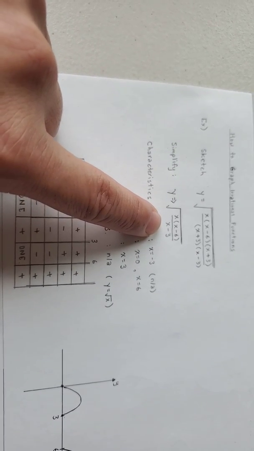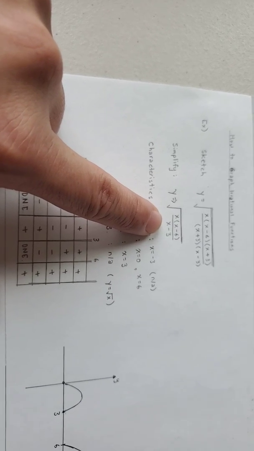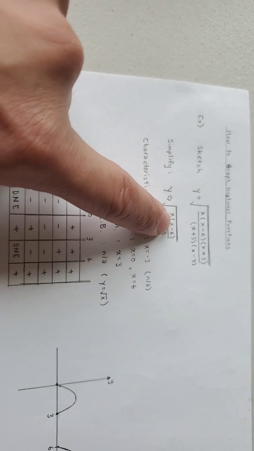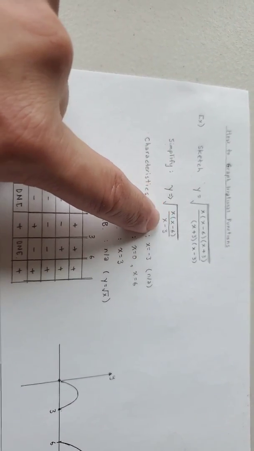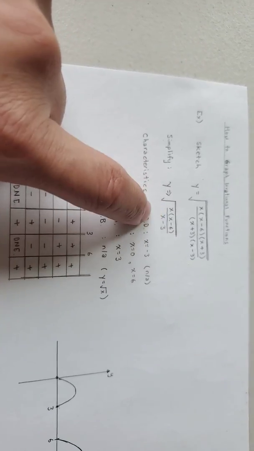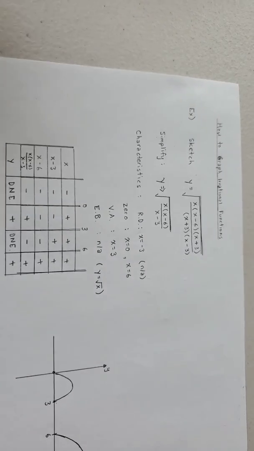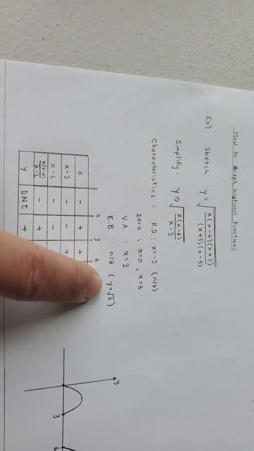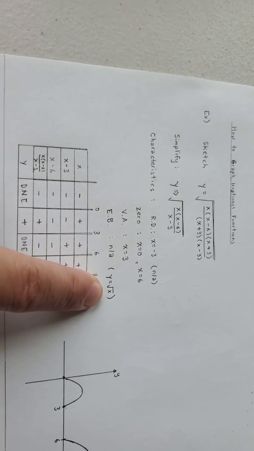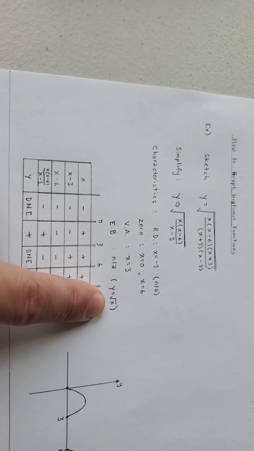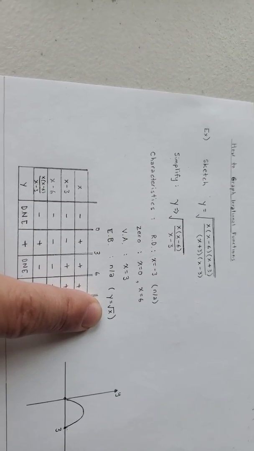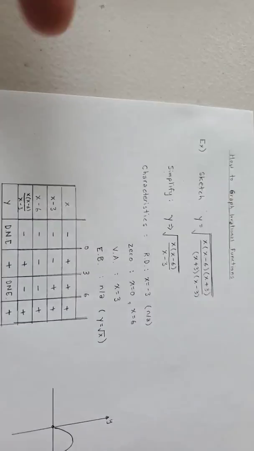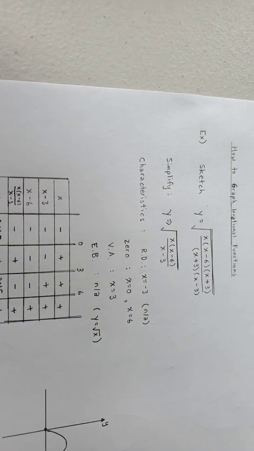Because of the theorem that we derived last time, the inside becomes x, since it's x squared divided by x, and the square root of x doesn't really go anywhere numerically. So the end behavior is non-existent, but I wrote it out right here: y is equal to the square root of x. That's what it gets closer and closer to as x gets bigger and bigger. Okay, so those are all the characteristics that we looked at from last time.